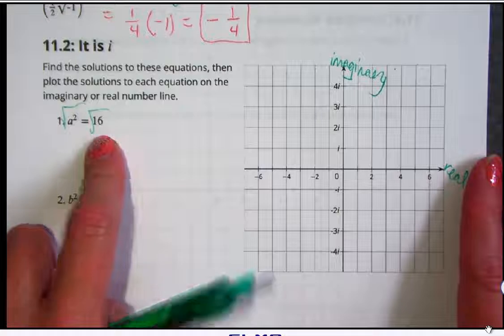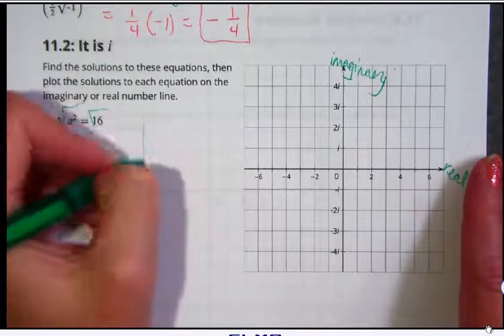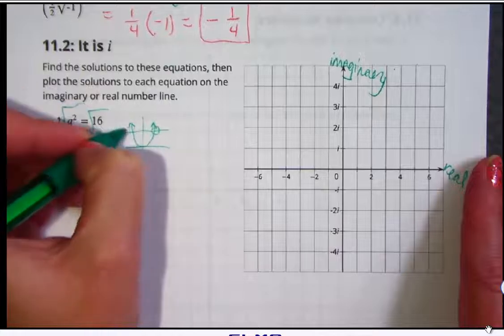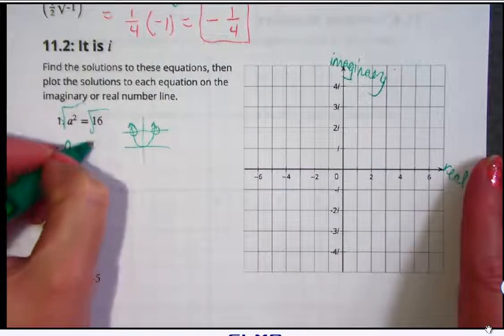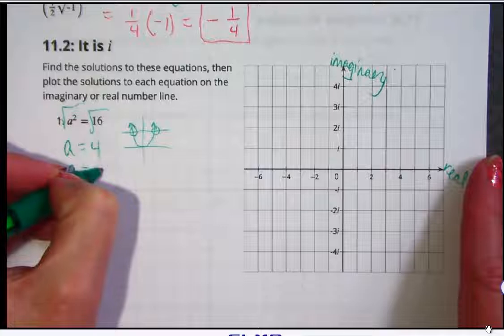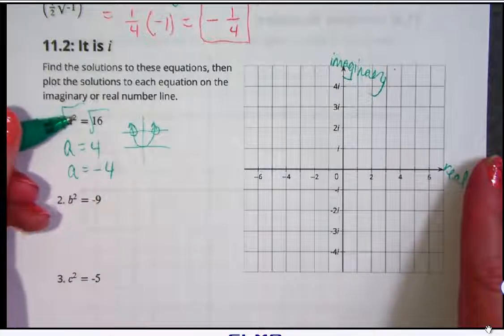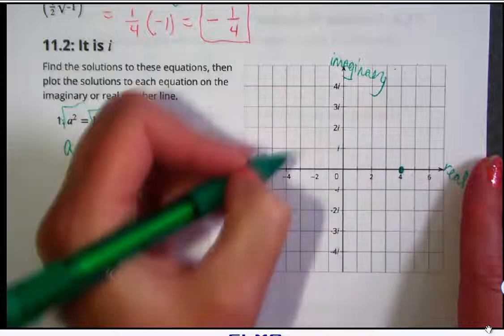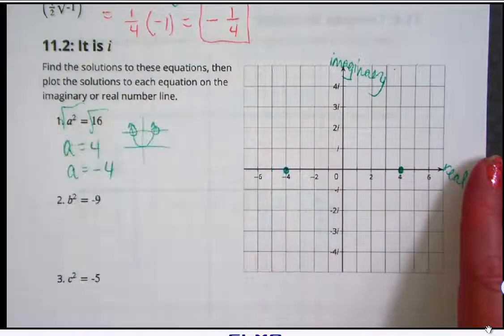The square root of a positive number is a very real number that we have. We can think again about that parabola equaling 16 in two places. a would have to equal 4, and a could also equal negative 4, starting with a squared, two possible solutions. So 4 and negative 4 is where we would plot those answers.